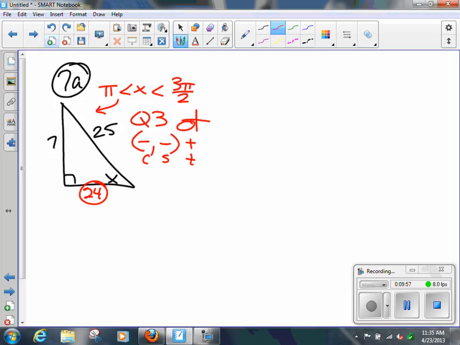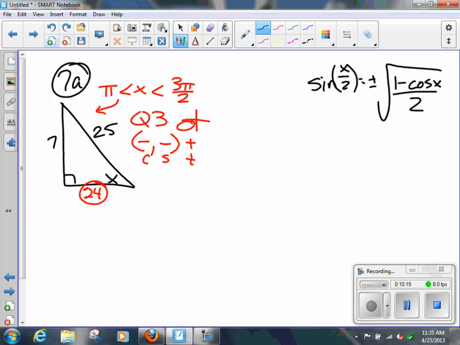Do you guys agree with that? Now, I've got to find sine of the half angle. You better make sure you pick up the right formula. I'm going to write it over here, sine of the half angle, so I'll have it. There it is.